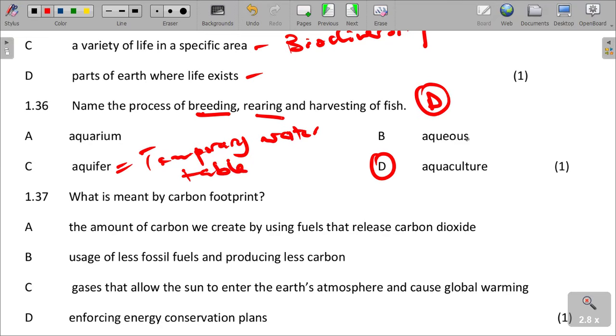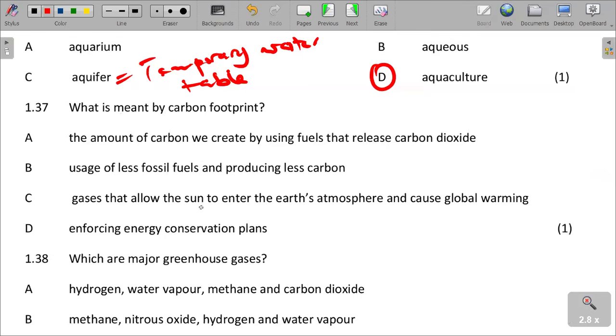We are saying, what is meant by carbon footprint? It is the amount of carbon dioxide that is produced by an individual or by a company over a period of time. That is what you call the carbon footprint. It measures the amount of carbon we create by using fuels that release carbon dioxide.